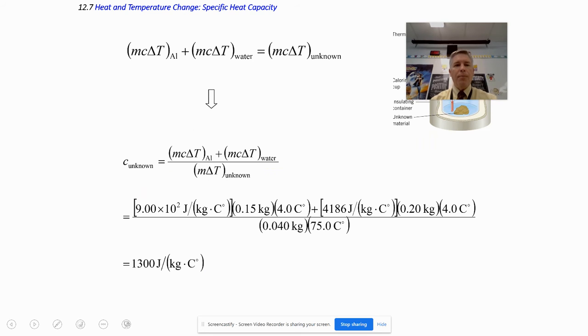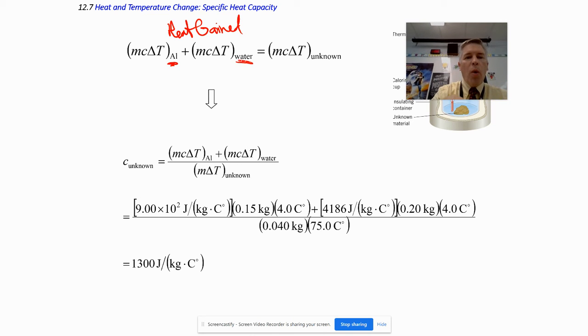So here is the example, what is actually gaining the heat. Heat is being gained here by the aluminum and the water. So I've got the MC delta T for the aluminum, and I've got the MC delta T for the water. The one that's losing heat is this unknown material.